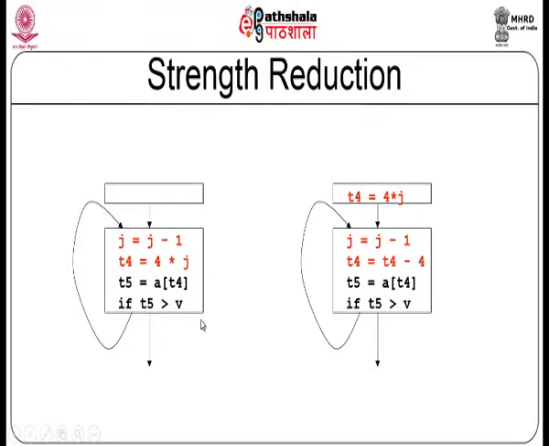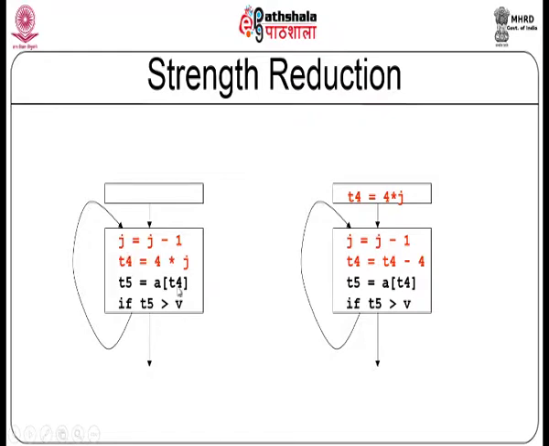So, the next one is called strength reduction, where you can replace complex multiplication or division with addition or subtraction. For example, here T4 is equal to 4 into j, and j gets reduced by 1, okay. Now, the value of j is going to be reduced, no doubt, but this is multiplication, okay.